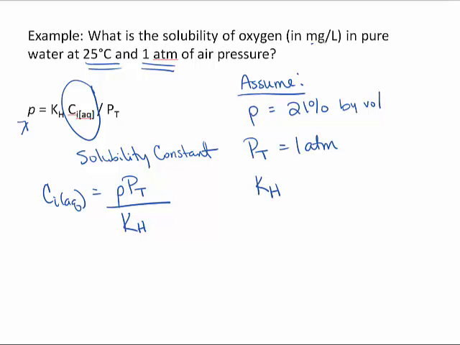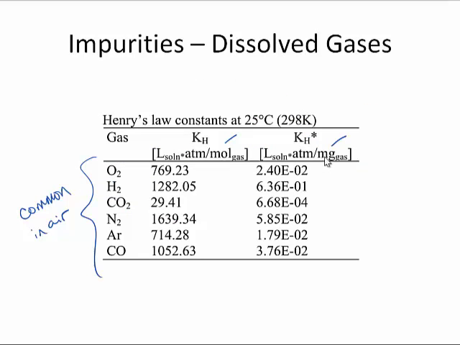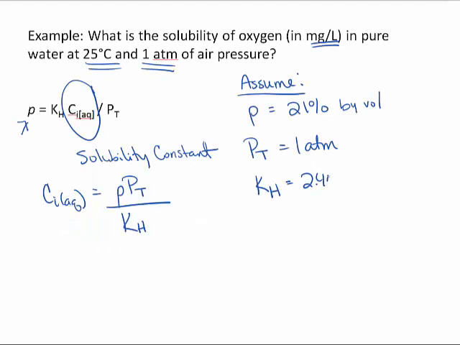Because we're asked to find the solubility in terms of milligrams per liter, when I go to the table, I will use the form of Henry's law that's already in terms of the milligram of the gas. For oxygen, the Henry's law constant I will use is 2.40 times 10 to the negative 2 liters times atmosphere divided by milligrams.